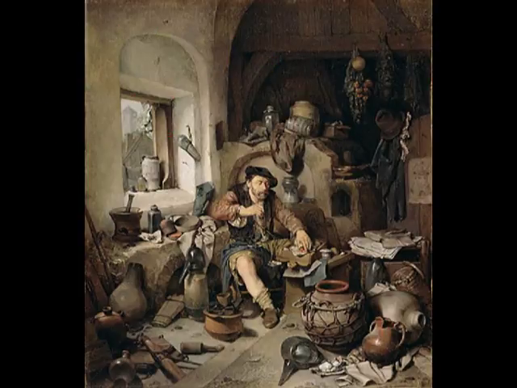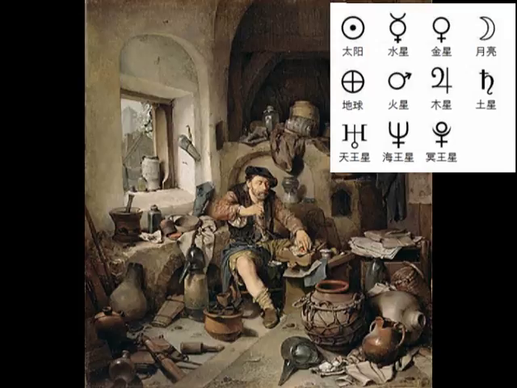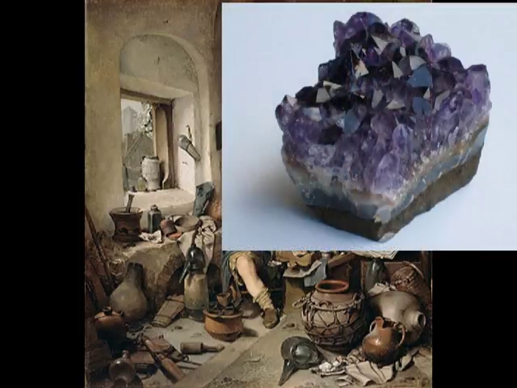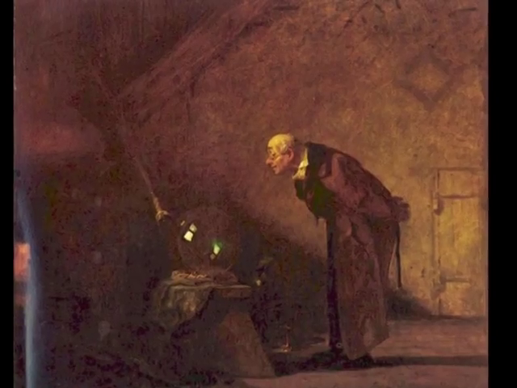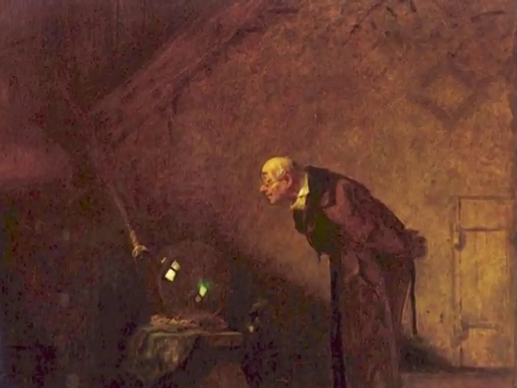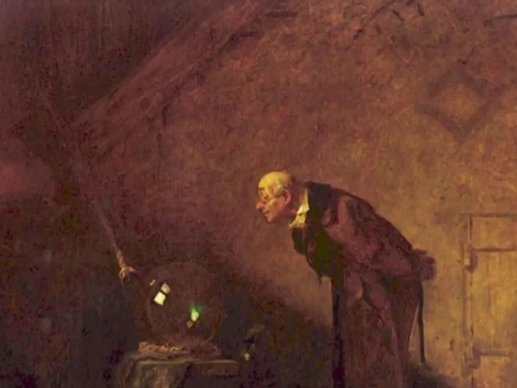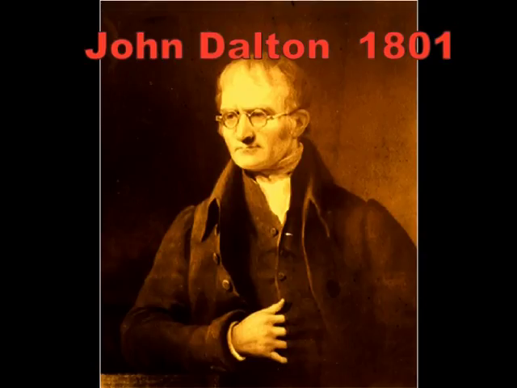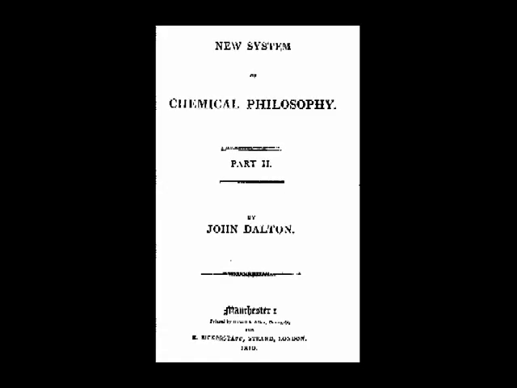The world of the alchemist was really chaotic, with astrology, cats, crystals, and rather odd people searching for ways of making gold from whatever they could get hold of. English chemist John Dalton cleared most of the mess away by publishing his new element theory.